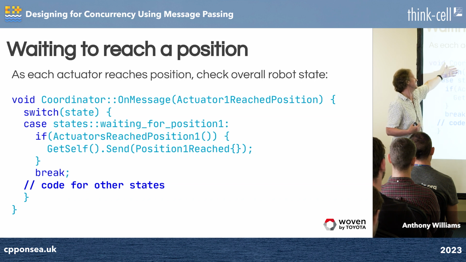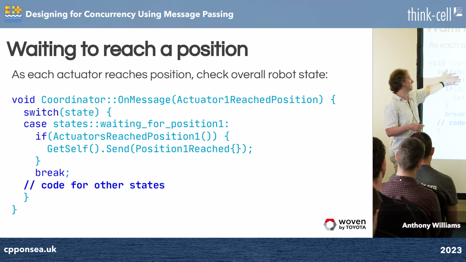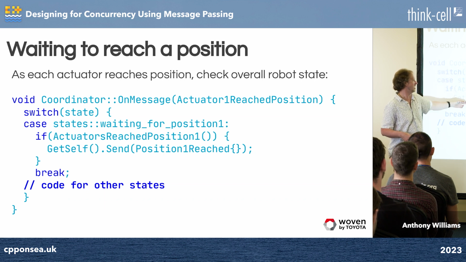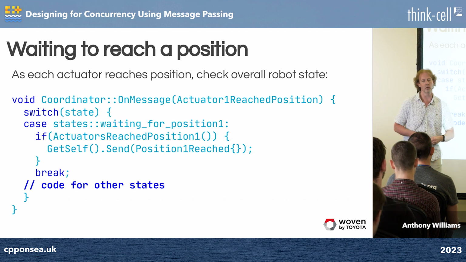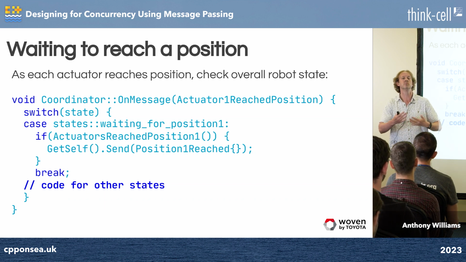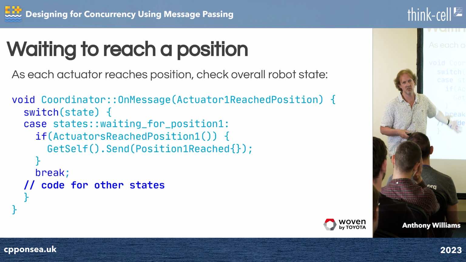And again, in this case, we've got a switch statement, because there's going to be a lot of states, and we're waiting for position 1. Then we check if the actuators are there and send the messages and so forth. As this gets more complicated, to start with, a simple state machine designed using enums and switch case statements works fine.